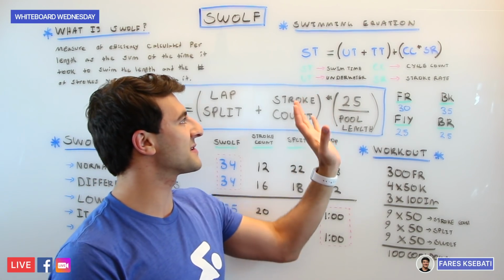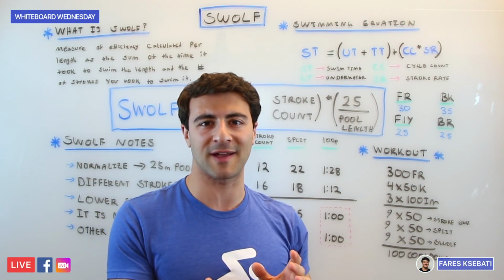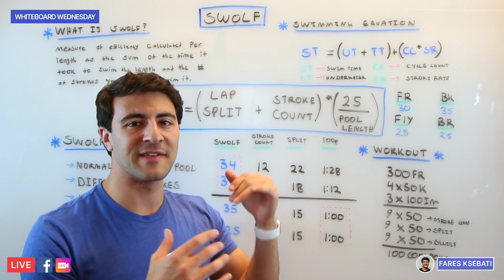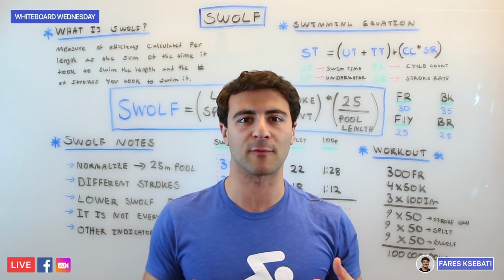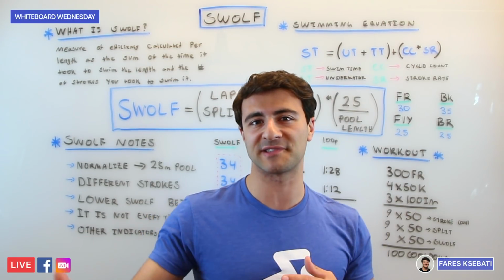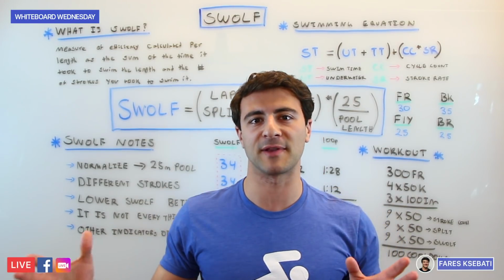And so if we think about the second half of this equation, the cycle count and your stroke rate being a function of what your overall swimming time is, this is very similar to the SWOLF score, which is basically measuring how efficient you are, which is a function of how many strokes you're taking across what period of time in that 25-meter distance.